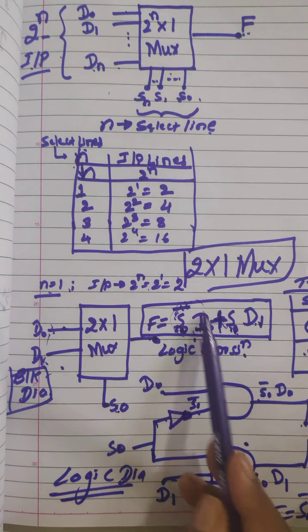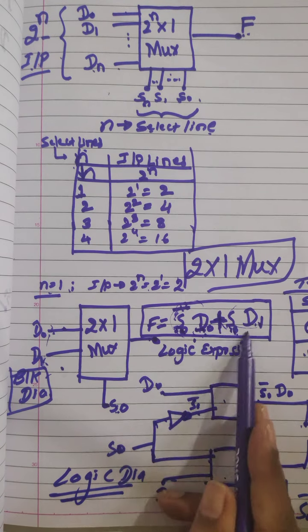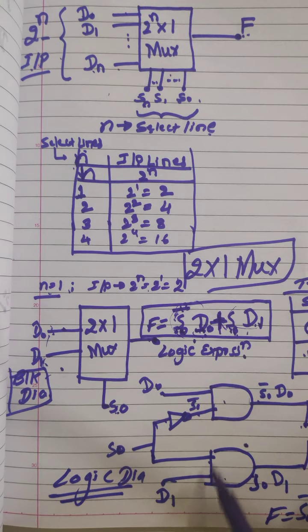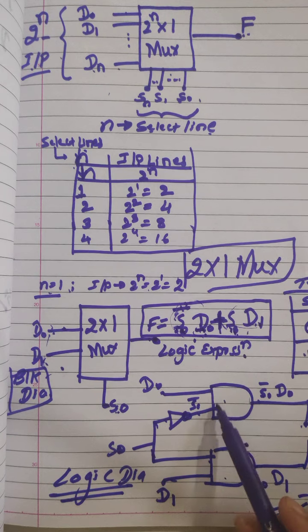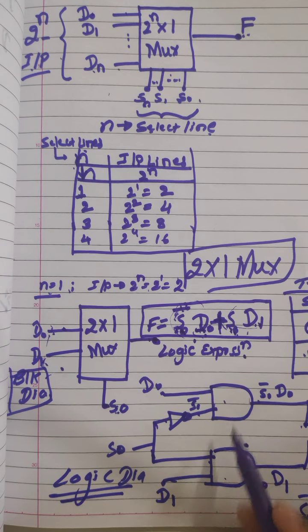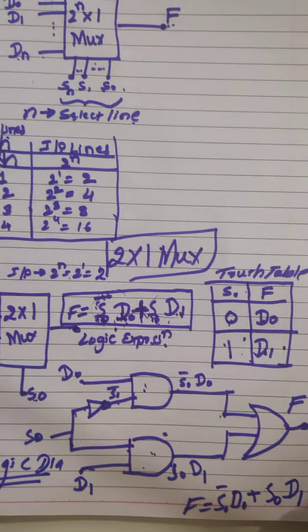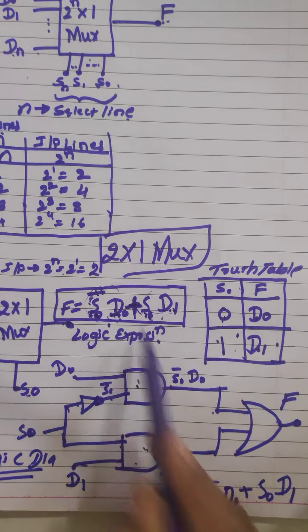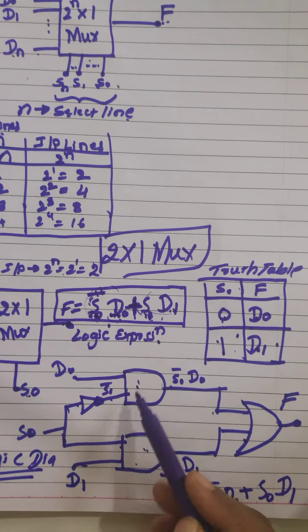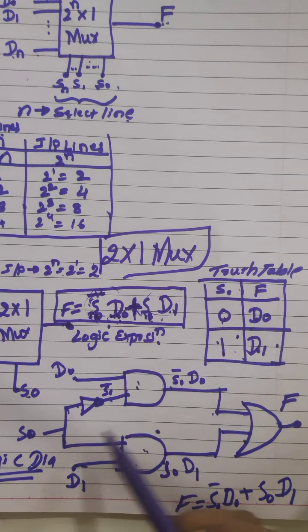Here we have two multiplication terms. For each multiplication, one individual AND gate, so two AND gates, and this OR operation needs one OR gate. The first AND gate gets S0 bar and D0, and its output is S0 bar D0.